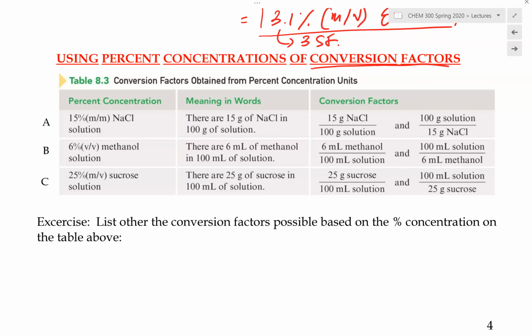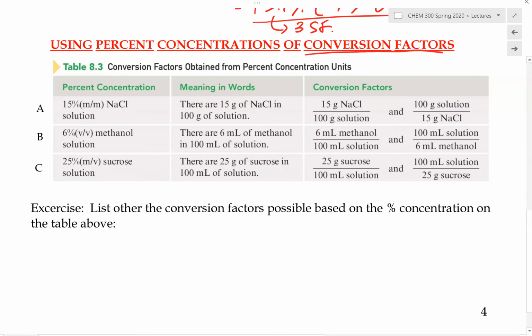Because we have learned already that we use dimensional analysis to solve word problems in chemistry. And in order to do that, we have to make sure we know how to utilize information as conversion factors. So the different percent concentrations can actually be used as conversion factors. And it's important that we know how to do that.